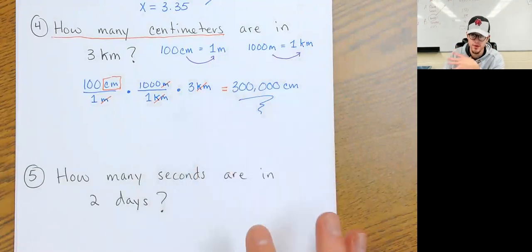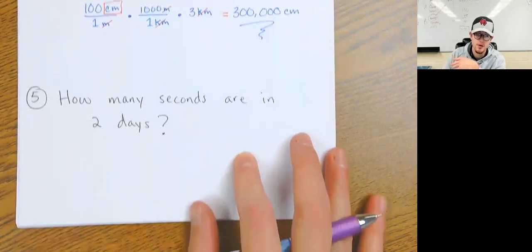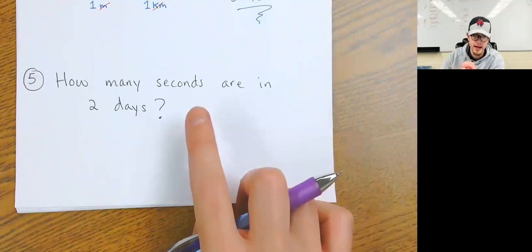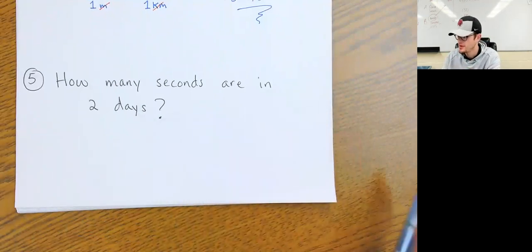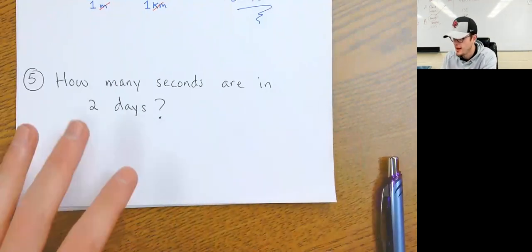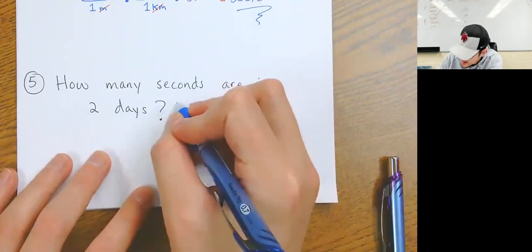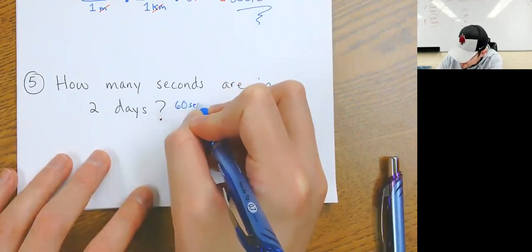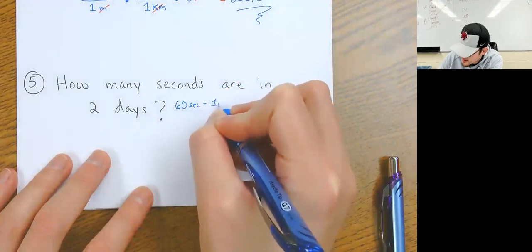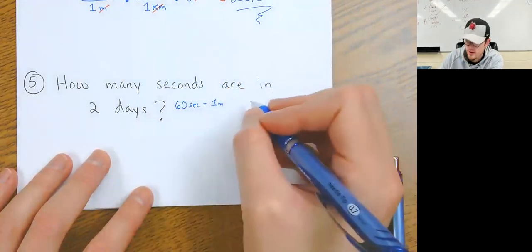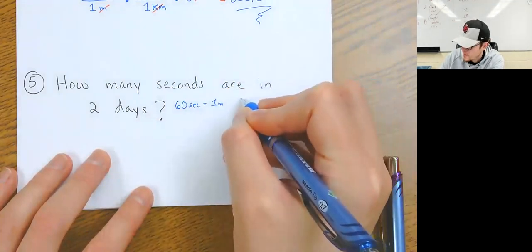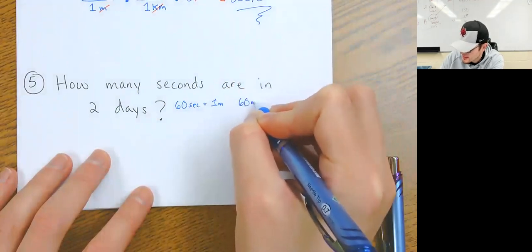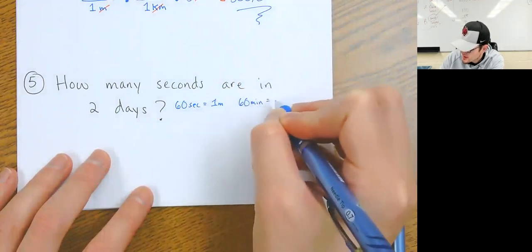So for this next one, for number 5, we're going to go from seconds to days. So if I was to write out the ratios for that, we have 60 seconds equals 1 minute. We have 60 minutes equals 1 hour.